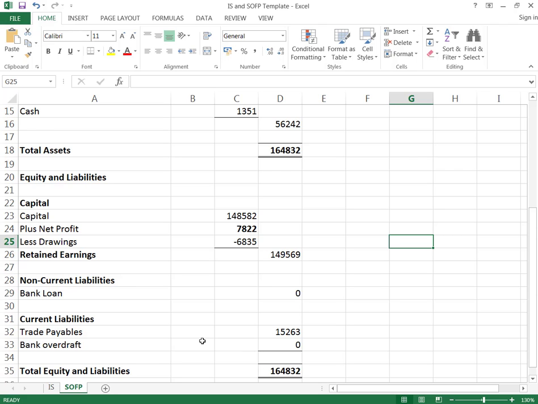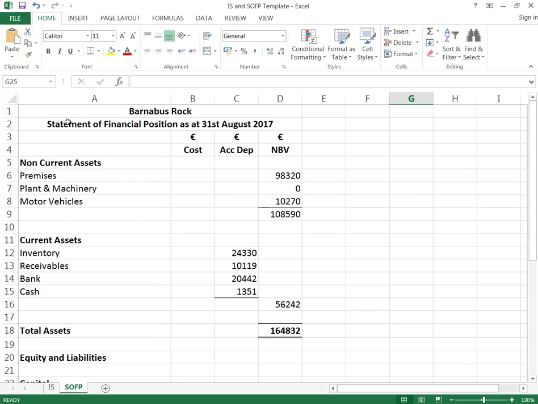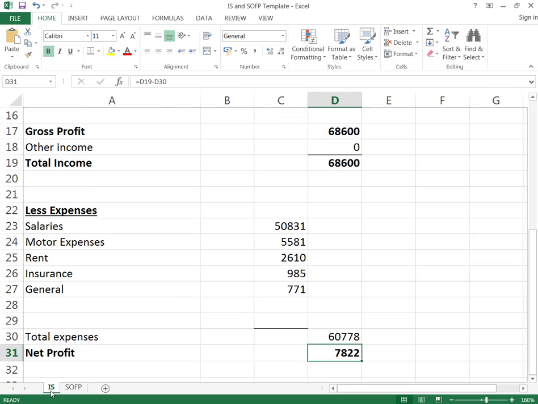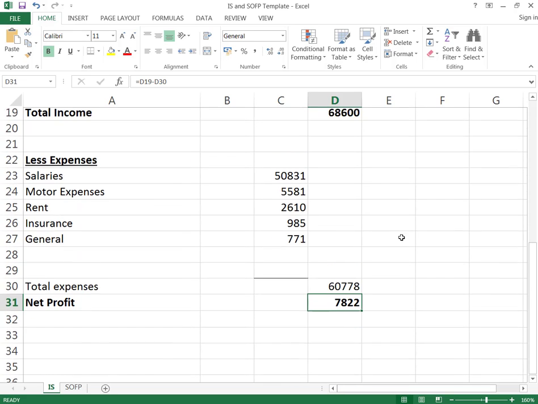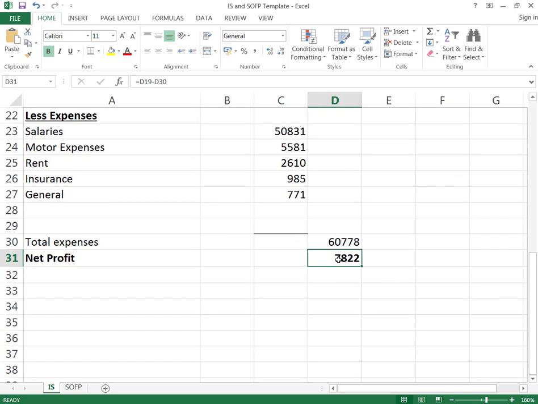Just a couple of quick points for you. Don't forget that your statement of financial position is as at a particular date, so it's a snapshot. Your income statement, on the other hand, is for a period, so for the year ended the 31st of August 2017. So you build up your income statement over time, and then you clear it down, so all of the pluses and minuses end up with one figure, and that is your net profit figure.